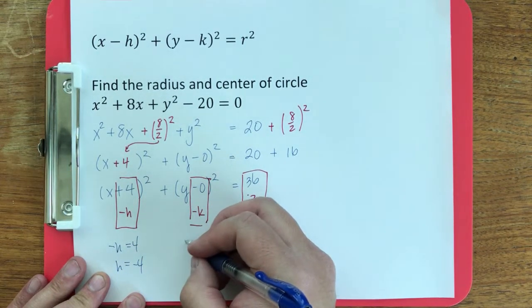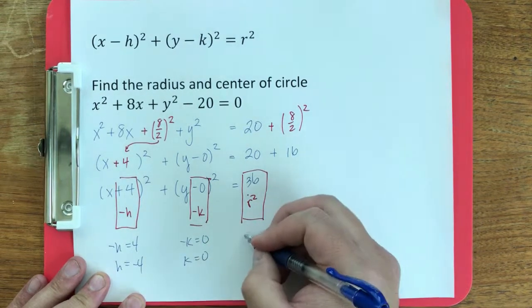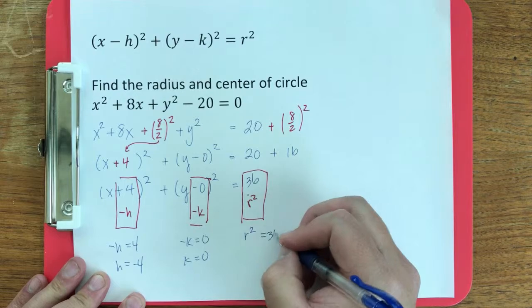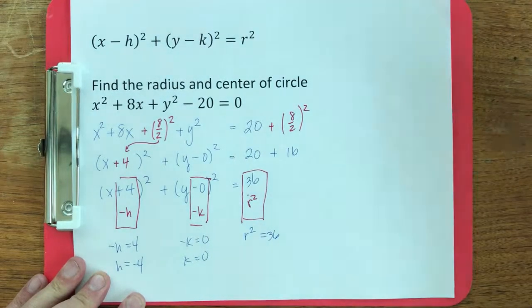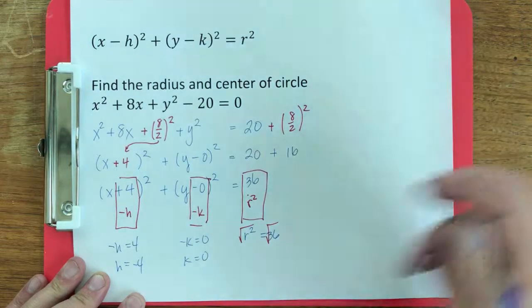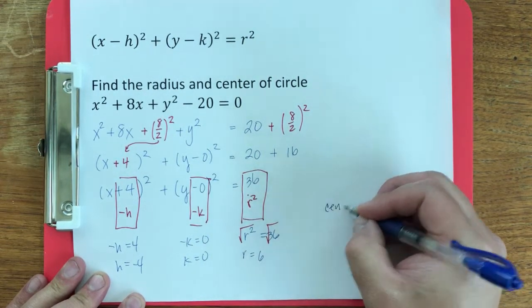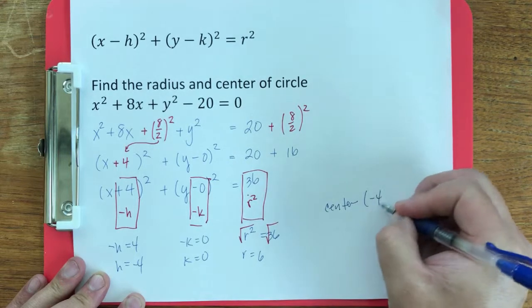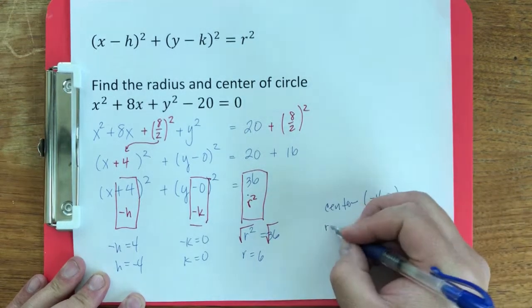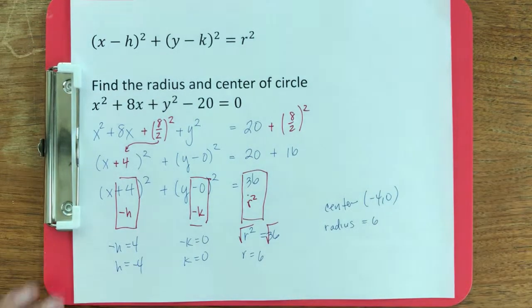If I have negative k is equal to 0, then k will be equal to 0. And if r squared is equal to 36, when I square root both sides, I'll get r is equal to 6. So my center is negative 4 comma 0, and my radius is 6.